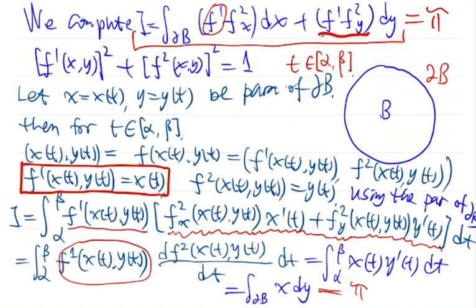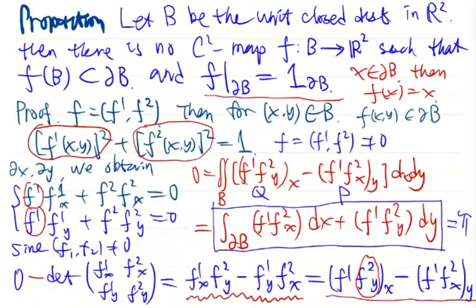So this integral equal to pi is a contradiction, since if the map in the proposition exists, then this integral is 0. So our verification that this integral equals pi is complete, and this completes the proof of this proposition.